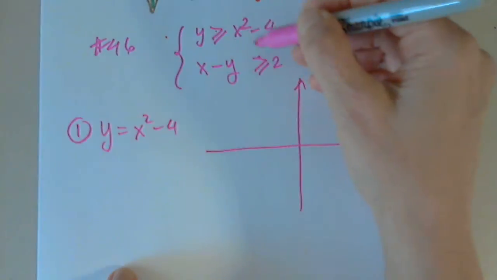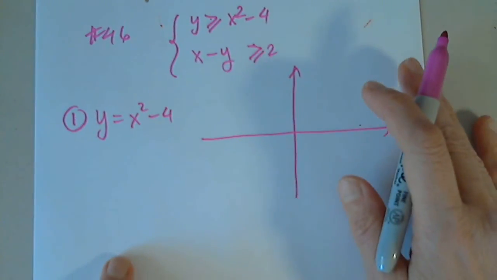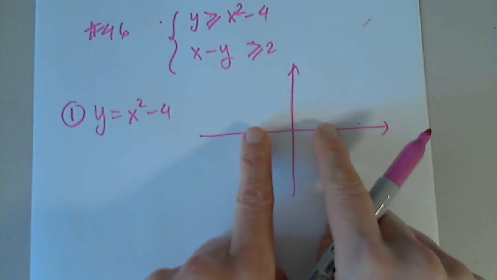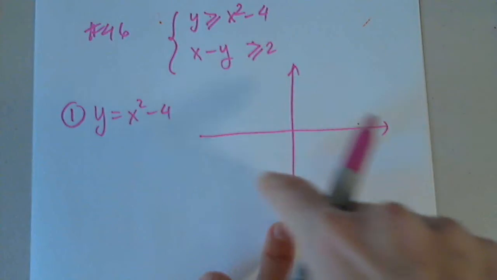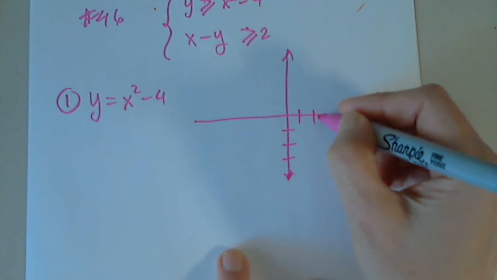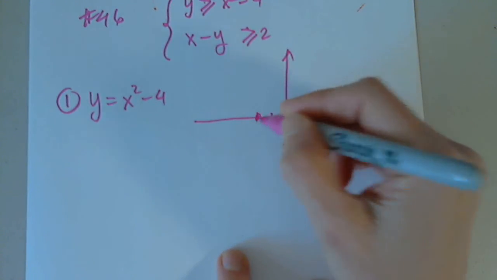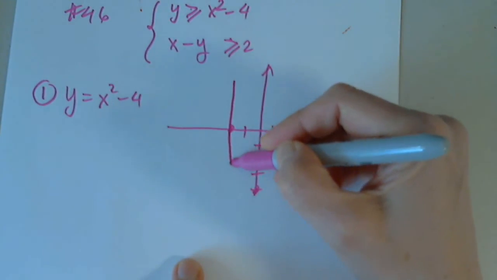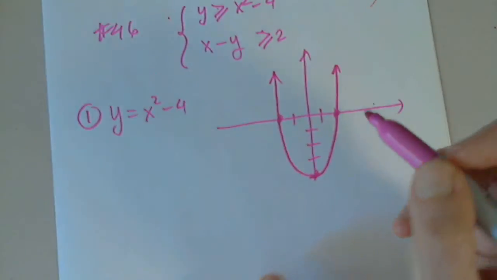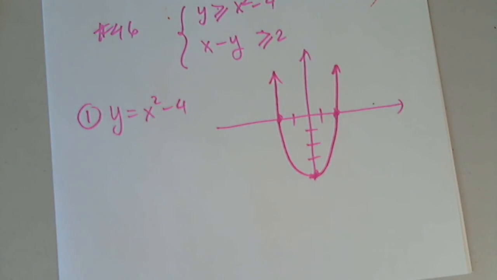Both inequality symbols have the equal symbol. Everything will be a solid curve. I know that this is going to cross at -2 and 2, and it's down 4. So 1, 2, 3, 4. 1, 2, 1, 2. So this is the parabola. I do not move on to the second inequality before I shade in the correct answer.